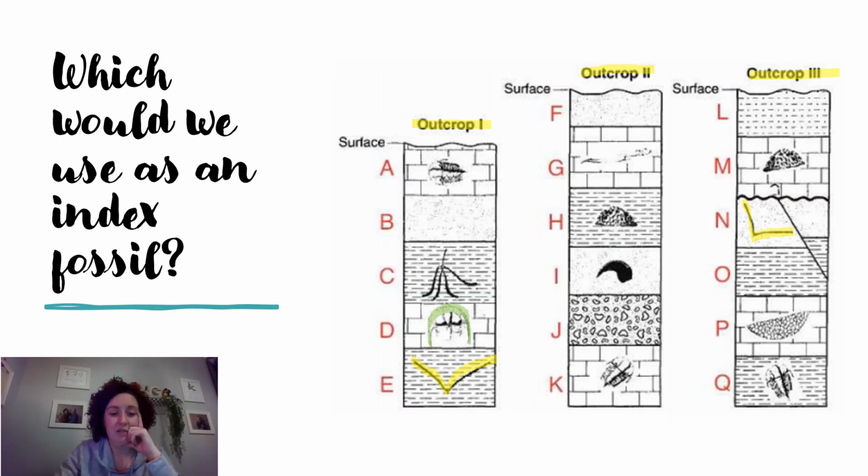So D is really not a good plan to use. Then we go over here and we have this weird little algae thing. I don't see anything in outcrop 2. And again, I think I know it's in Q off the top of my head. So again, not our best choice.